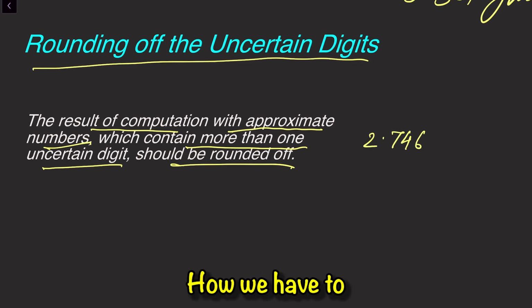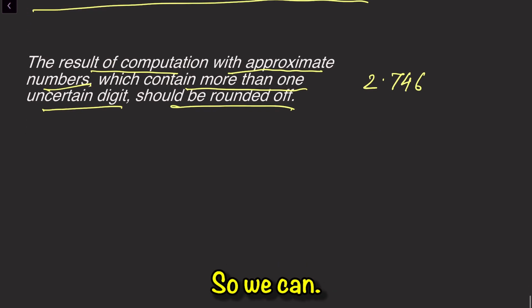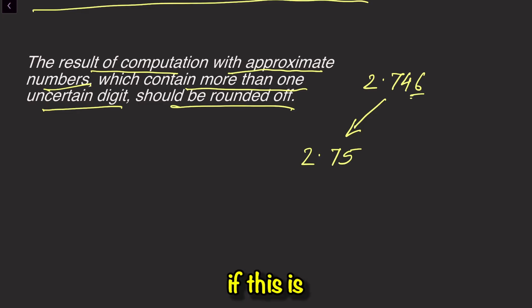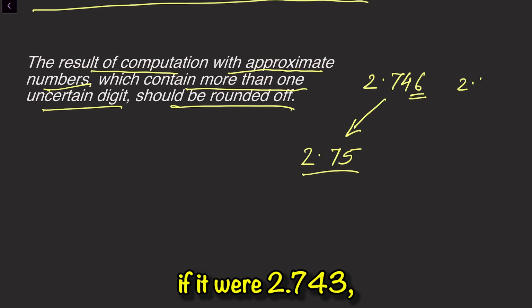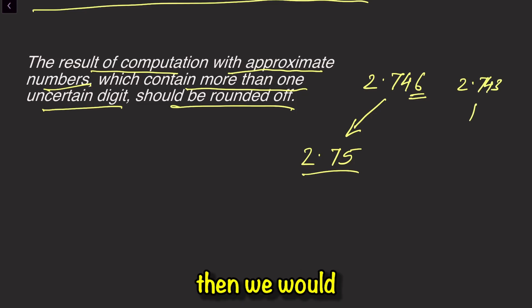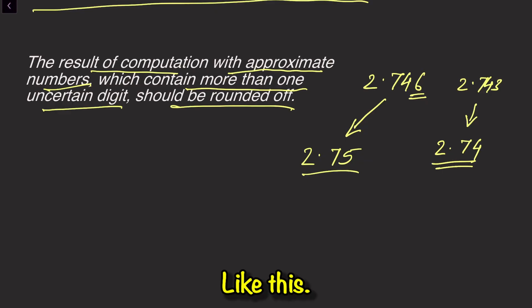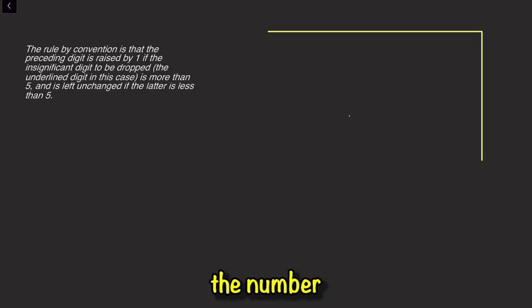You can round it off like this: 2.75. If the last digit after the decimal point is greater than 5, then we round it up like this. And if it were 2.743, then we would write 2.7 like this.